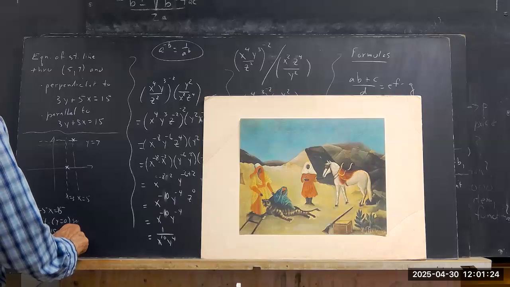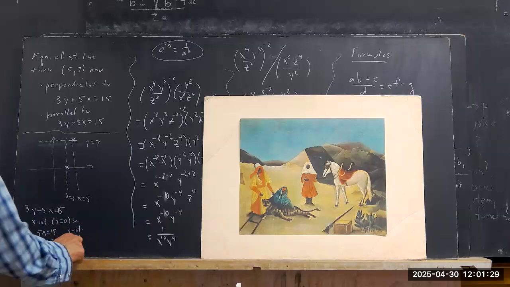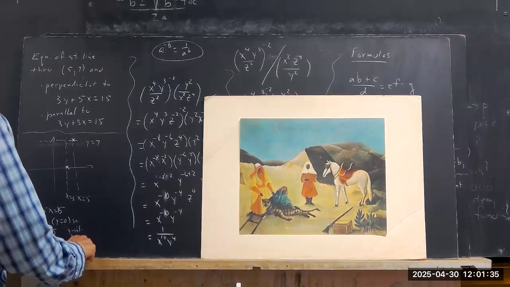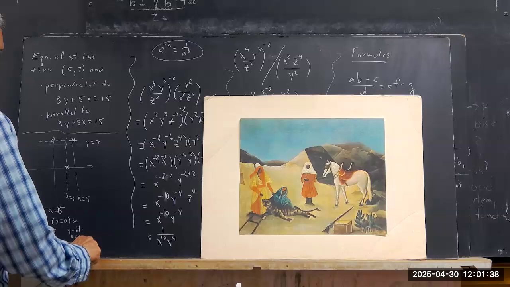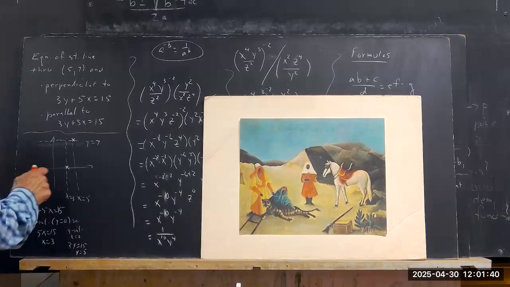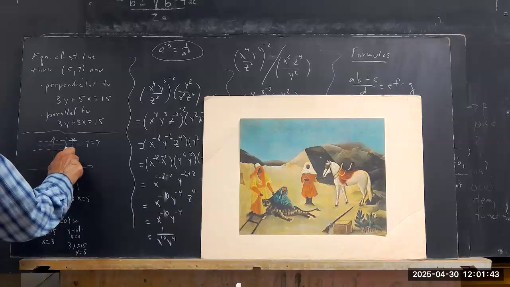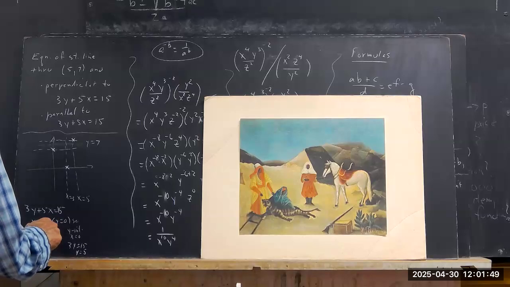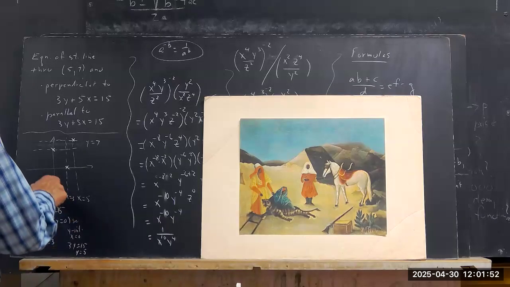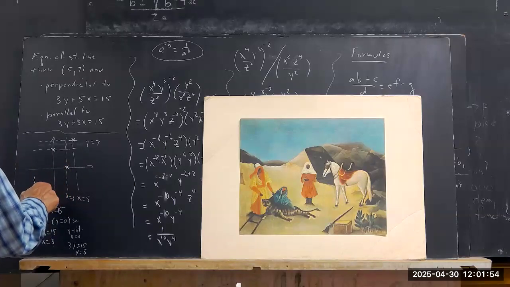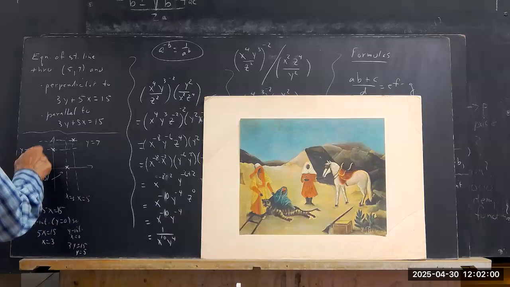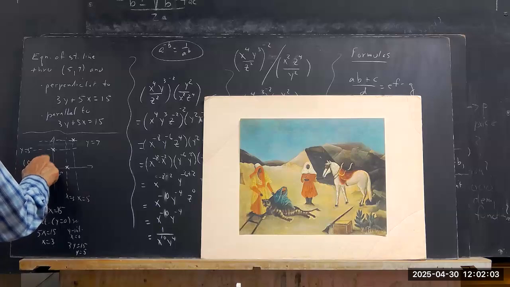And then the y-intercept is where x equals 0, so 5y equals 15. Y is 3. So we can label these. This is the point (3, 0). This is the line 3x plus 5y equals 15. This is the point (0, 5).